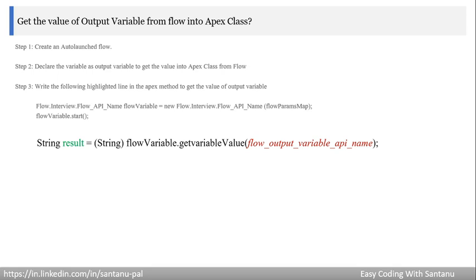Now in the highlighted line you can see, after initiation of the flow, we are taking the output value of the variable, that is the flow variable name dot getVariableValue, then the flow output variable API name.